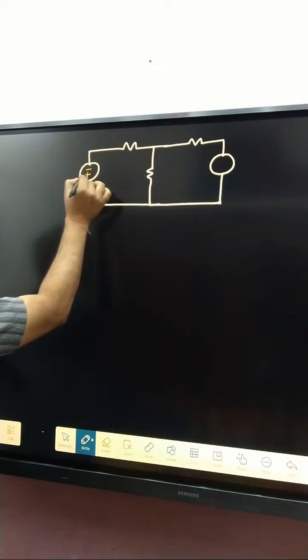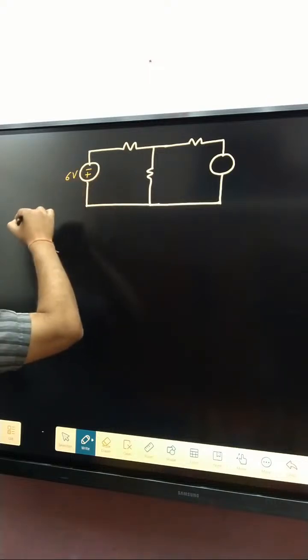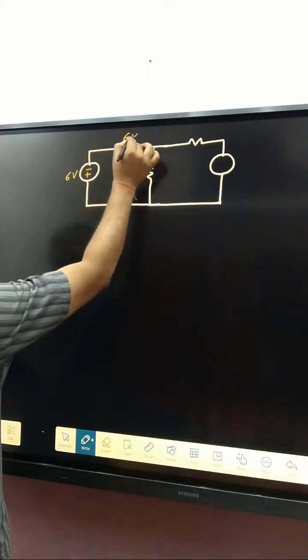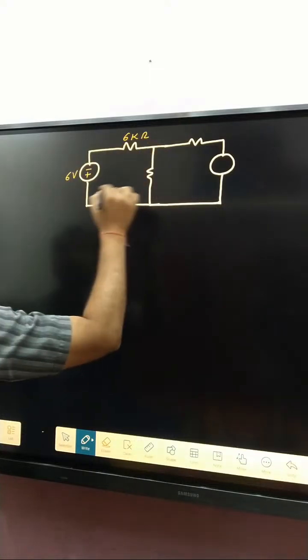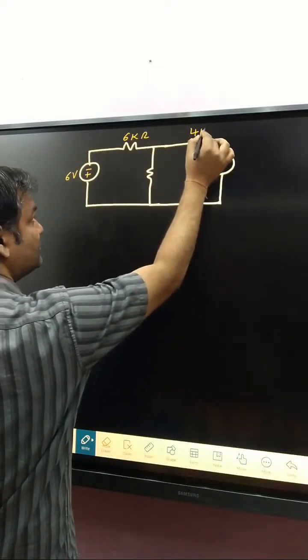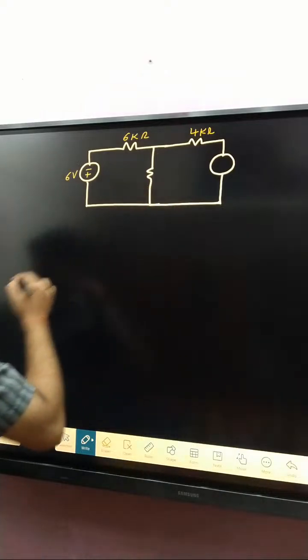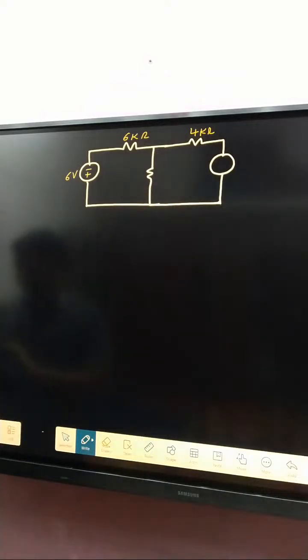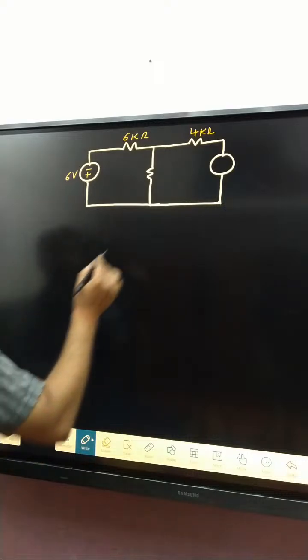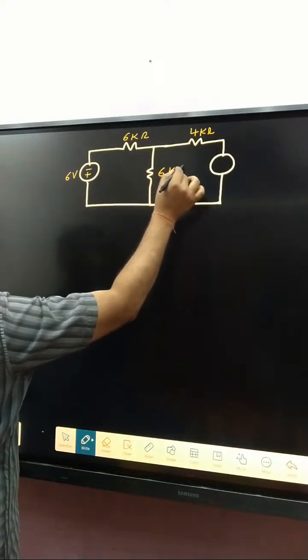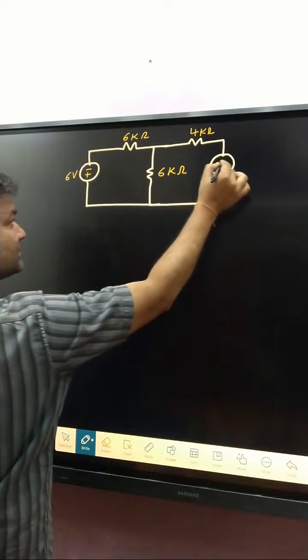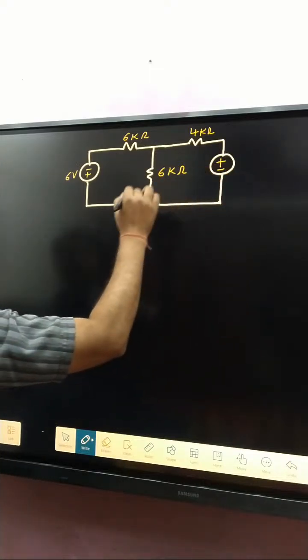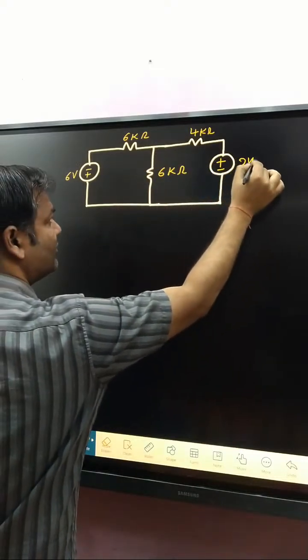Here minus, here plus, that is 6 volt, that is 6 kilo ohm, and that one is 4 kilo ohm. After that, a voltage source again, that one is 6 kilo ohm, and that one is plus minus 24 volt.